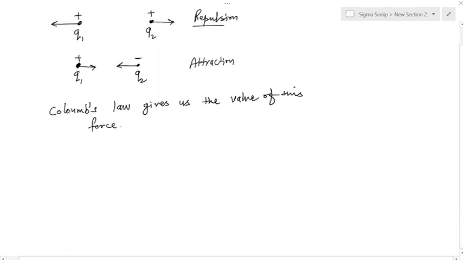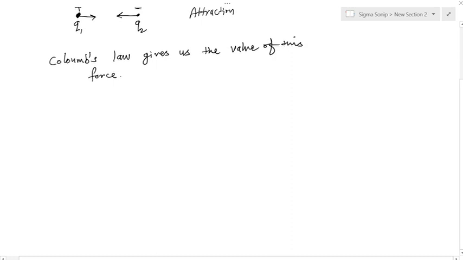So Coulomb's law is like this: let me again draw my charges here. This is my Q1, this is my Q2, and these two charges are separated by a distance of d.